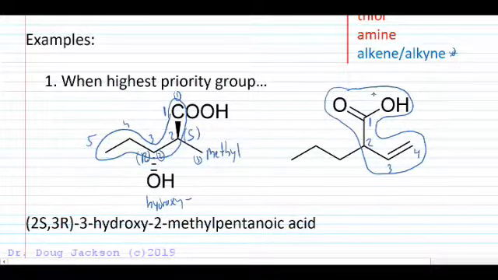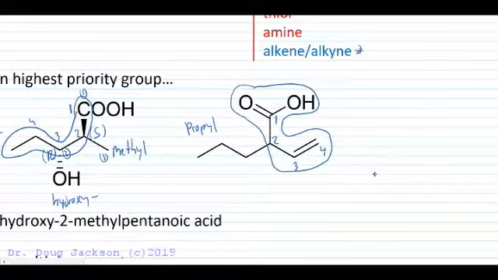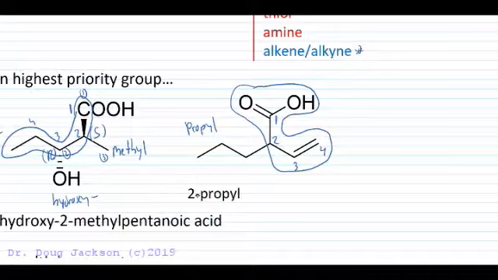So if we look at 1, 2, 3, 4 here, on carbon 2, we have a 1, 2, 3 butyl, or propyl group, excuse me. Propyl group. And so we would name this a subordinate group of propyl, 2-propyl. No stereochemistry on the double bond because we've got 2 hydrogens on carbon 4, and no chirality indicated at carbon 2, even though it is a chiral center.